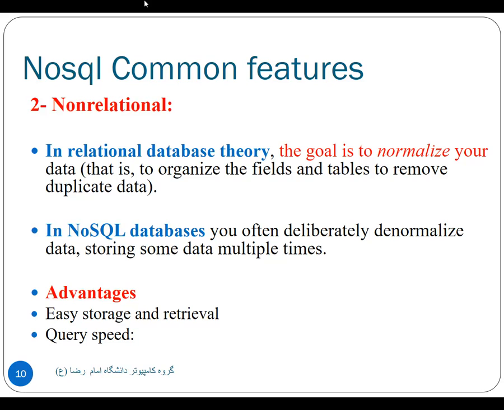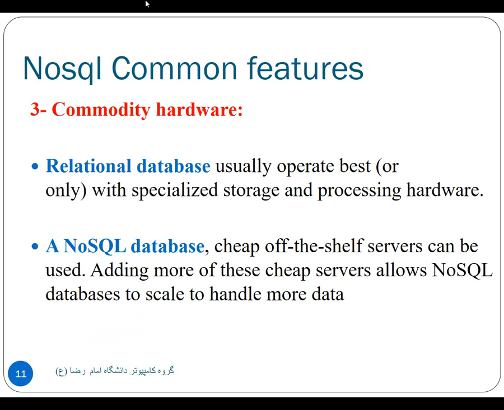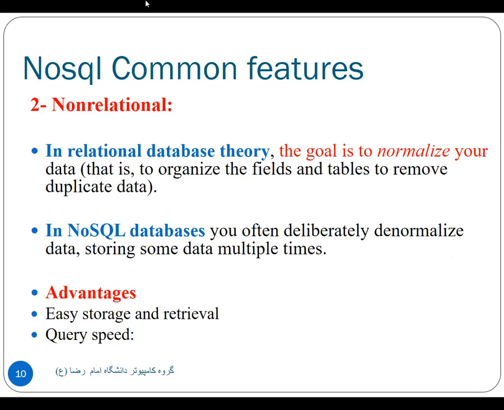So the non-relational database has some advantages that we talked about here: faster queries and easier storage. So this was the second feature of the NoSQL database, which is that they are non-relational.